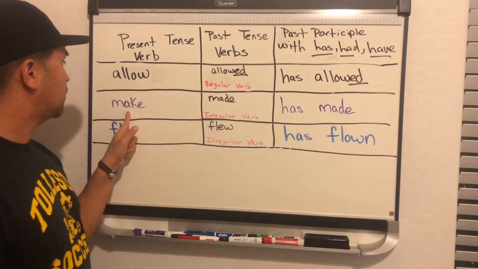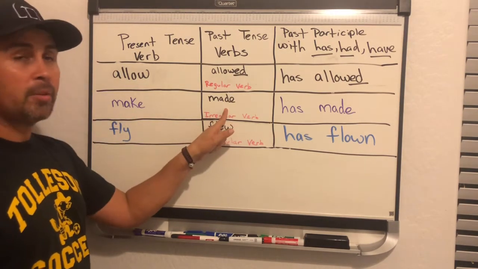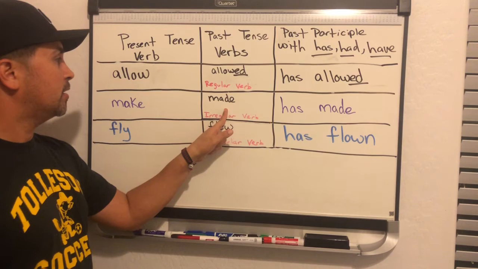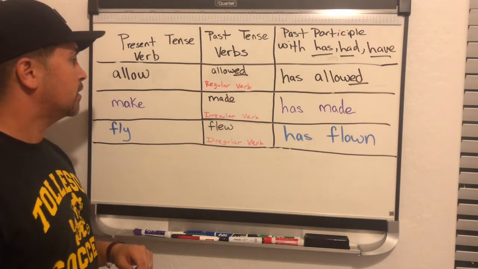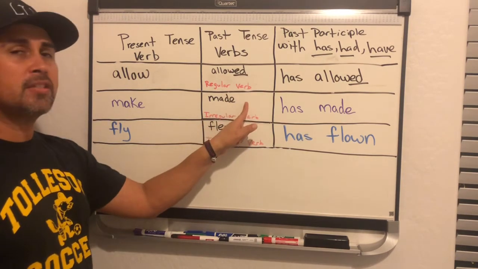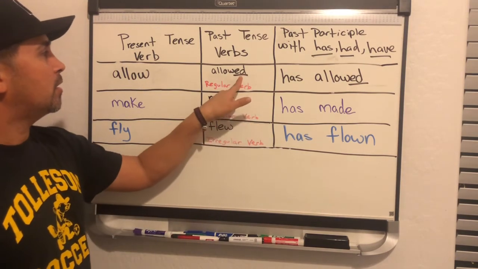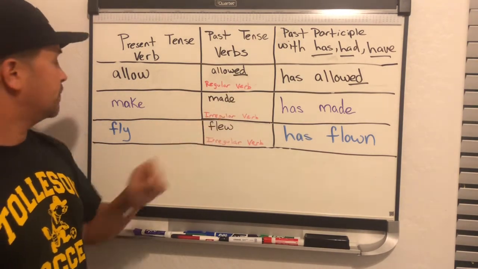We have our example here, make, in the present tense. And when we change it to the past, it changes to made. Made is the past tense form of the verb make. And when we compare these two, we can see that characteristic right off the bat. Allowed ends in ed, whereas made does not.